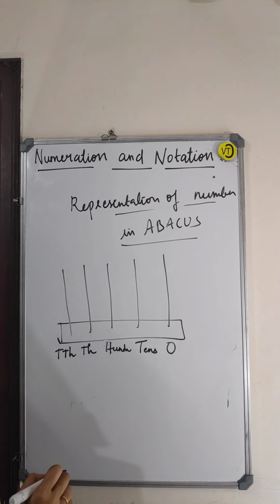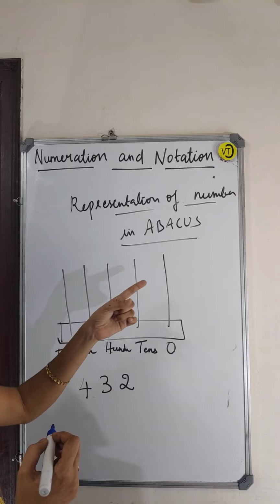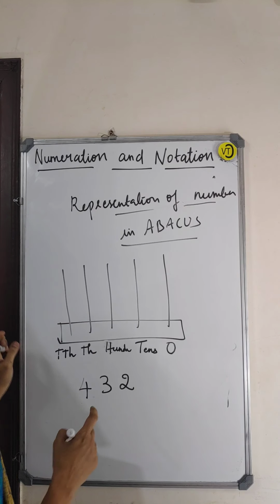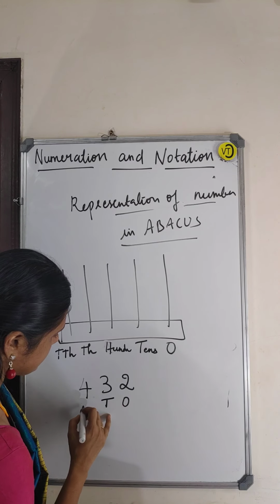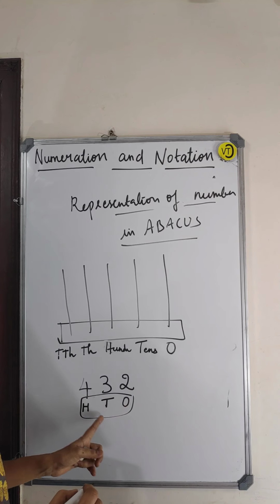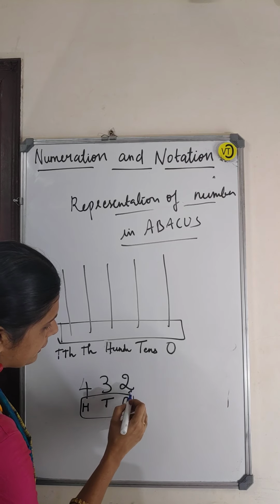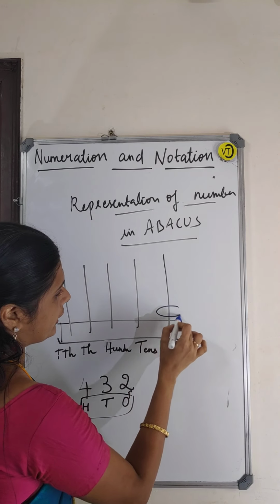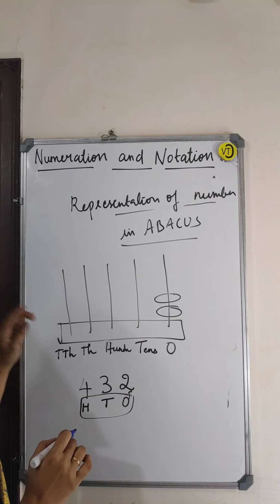Right. Okay, now I am telling you one value, 432. How can this 432 be represented on this abacus? Okay, this is ones, this is tens, hundreds. This is very important. You have to know these ones, tens and hundreds. Ones means what? How many beads are there here? 2 beads. 1, 2. Right.